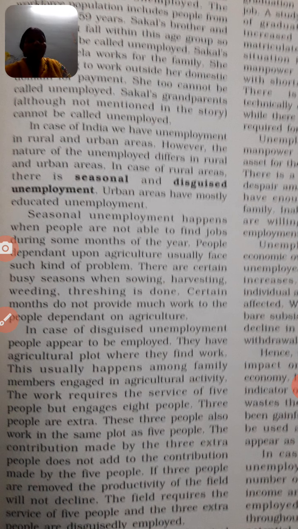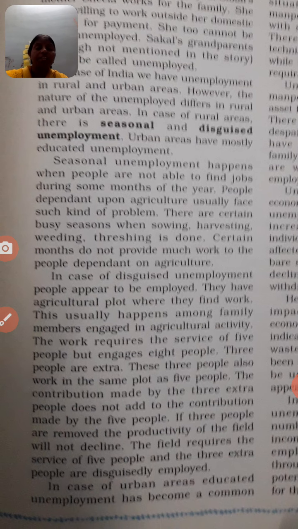These 3 people could have been employed or given some other work or engagement. They also work in the same plot, but the contribution made by the 3 extra people does not add to the contribution made by the 2 people.